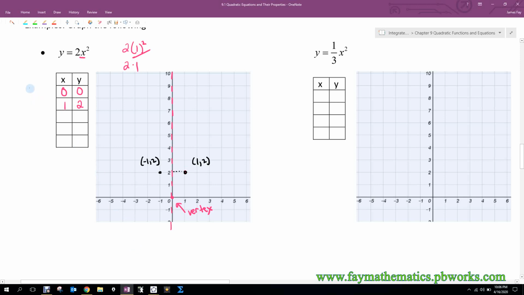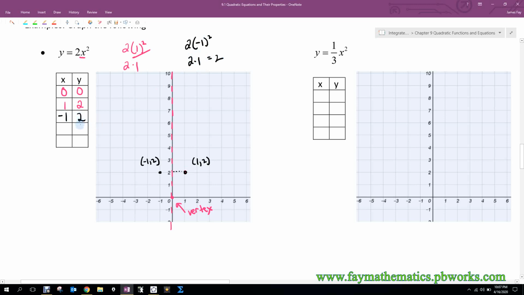And just to check that that makes sense, let's evaluate at negative 1. So I get 2 times negative 1 squared. Well, negative 1 times negative 1 is 1, so I have 2 times 1, and that gives me 2 again. So at negative 1, I have a y value of 2.